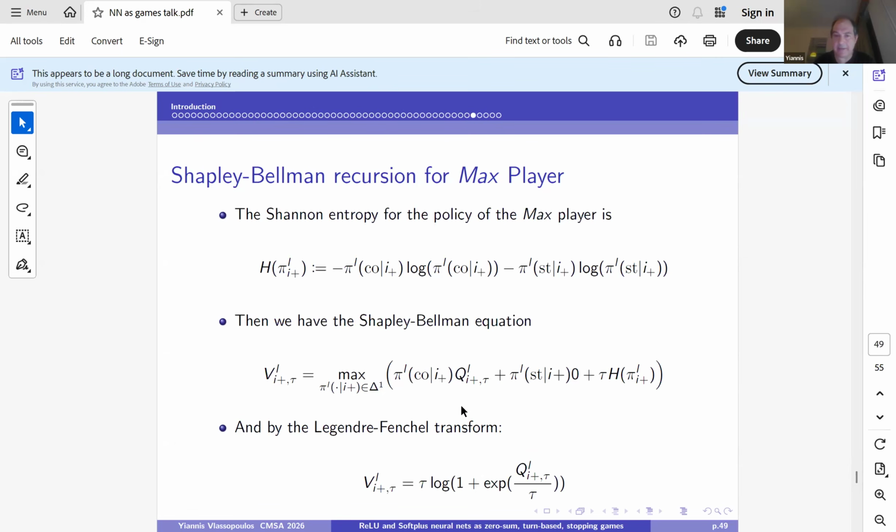But basically, when you write everything down, you end up with the Shapley-Bellman equation, which is precisely the Legendre transform that we were talking about before. Because you've added these logarithms of policies, what you add is the Shannon entropy of the policy.